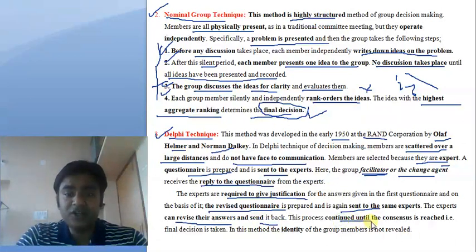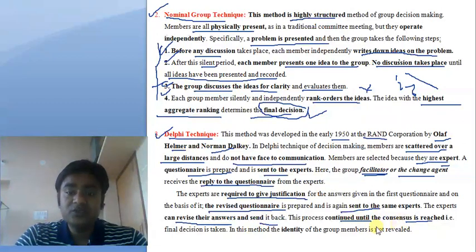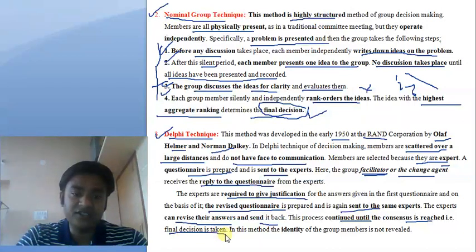This process of revising the questionnaire and sending the revised answers goes on until a consensus is reached. Then the final decision is taken.